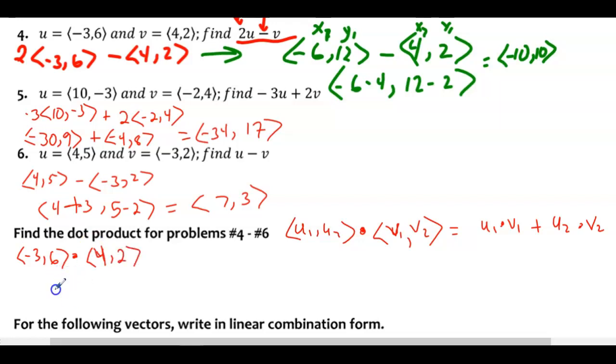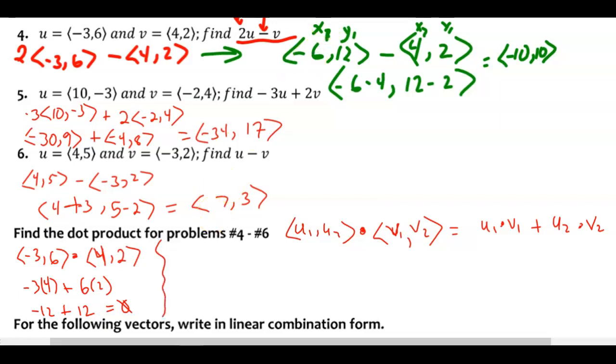We're going to do negative 3 times 4 plus 6 times 2, which gives us negative 12 plus 12, which is 0. So the dot product of the first two vectors is 0.